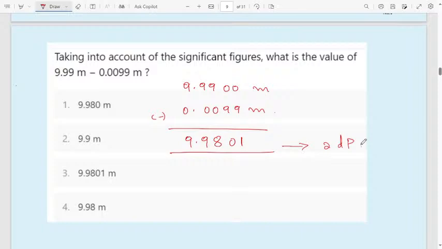Round off to 2 decimal places. What is the value you will get here? Tell me the answer. Those of you who are there live, answer.